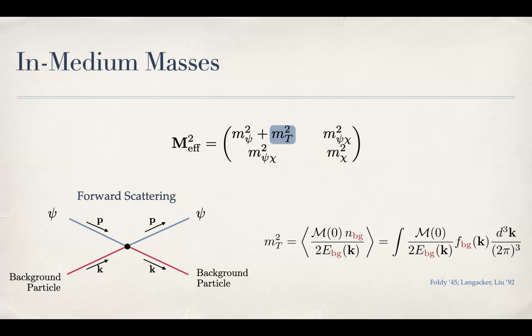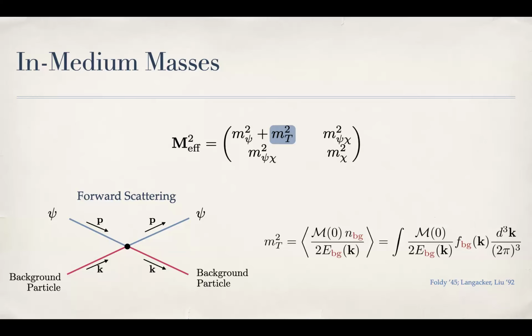So just to emphasize, thermal masses are really in-medium masses. It just happens that the medium has temperature. So that's why we can call them thermal masses, but it's just coming from forward scattering with any background particles. Photons scattering off background glass or atoms gives rise to an index of refraction, which you can think of as an effective mass, the equivalent picture.